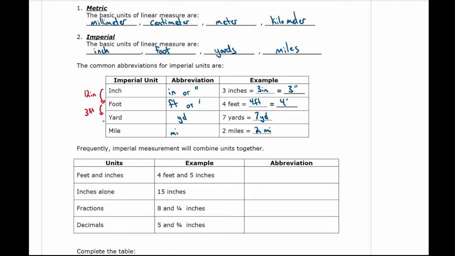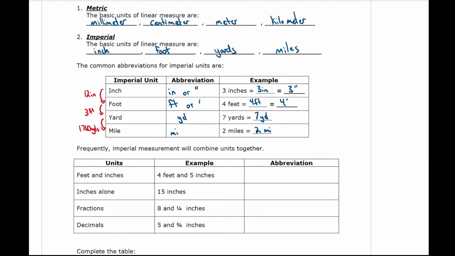And then from yards to a mile, we have 1,760 yards equals a mile. So just helpful to see how the units convert to each other. We're not going to be using too much of that, but at least the inches to feet conversion tends to be helpful.